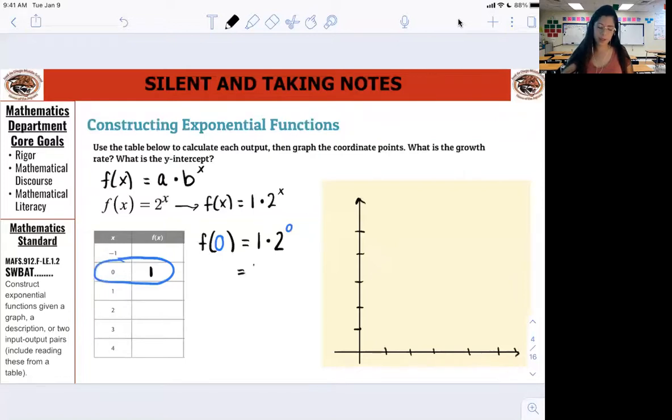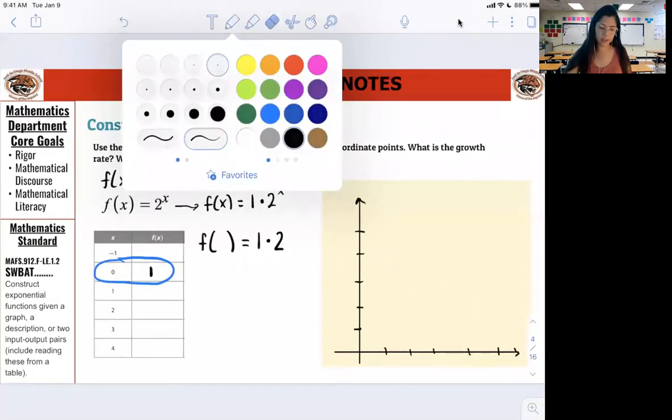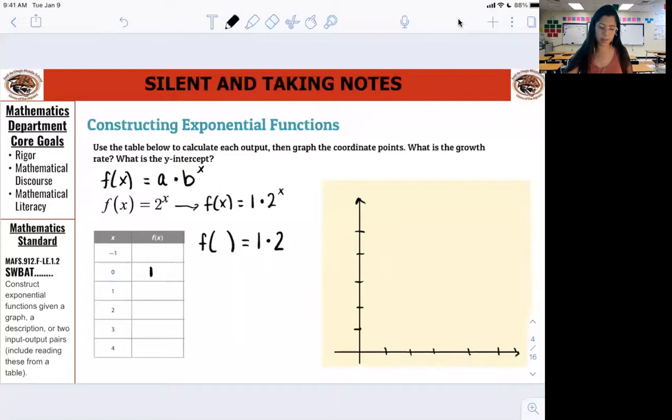So this is 1 times 1, which is 1. If that had been 0, I would have gotten 0. But I know my y-intercept is not 0, it's 1. See what I mean? Those little rules do not disappear all of a sudden. They do come back in the end, so we have to keep them in mind.